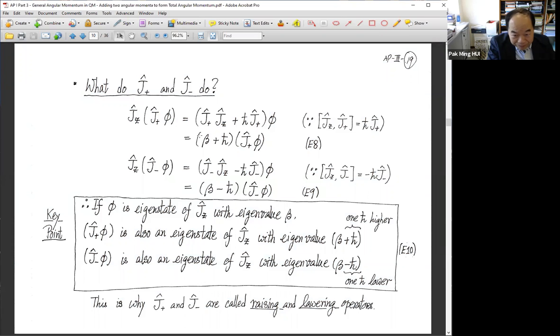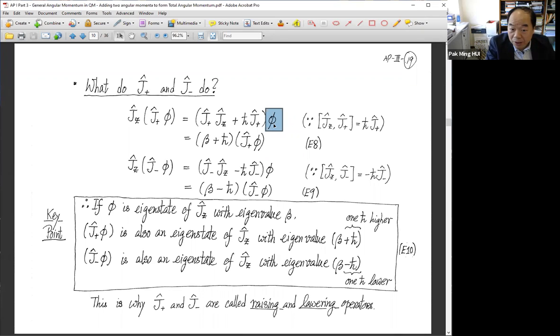Now, we know this commutation, okay? Here, we have a term Jz J plus. Therefore, it is h bar J plus plus J plus Jz. There are two terms here. I move the second term to the right-hand side, okay? So I have this term here. And then Jz operating on phi will give me beta phi by definition.